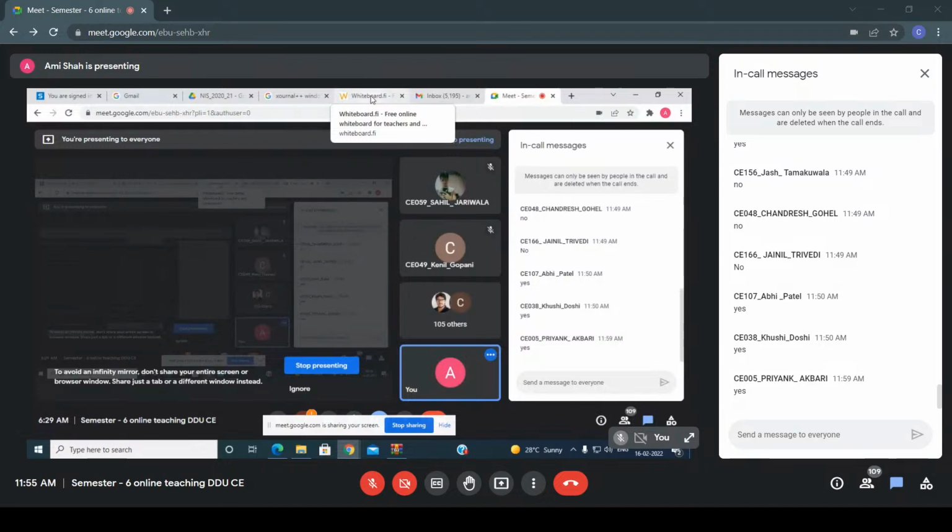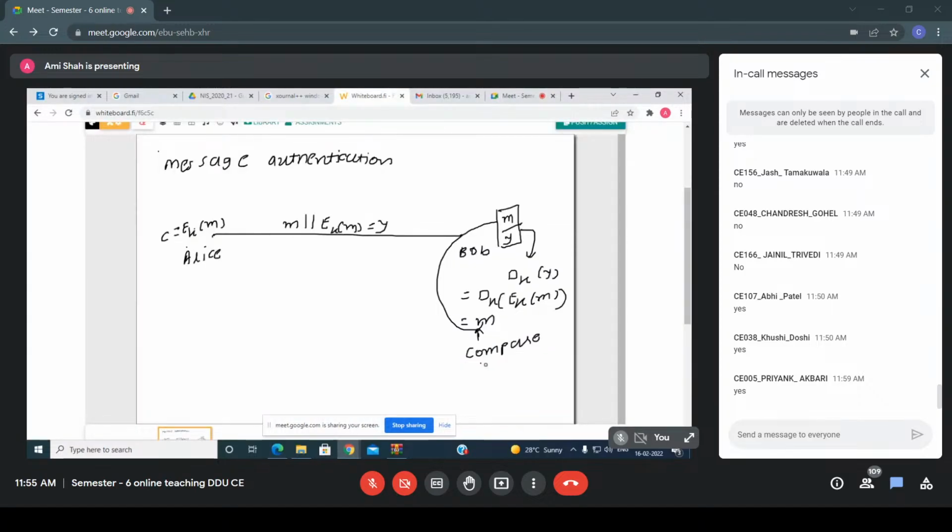Okay, now see here in this scenario, when the comparison is done, look at this figure.